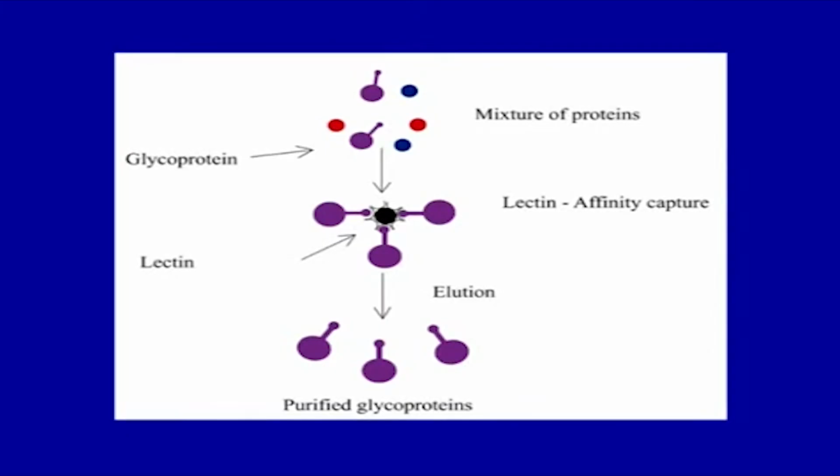If you see here, this is a very simple depiction: you have two kinds of molecules, one is glycoproteins, another are simple proteins. This is lectin, so glycoproteins will bind, others will not bind in the mixture, and then you can elute it by having the monosaccharide, or different methods you can use for elution. So, this is a very simple depiction of this particular chromatography technique.